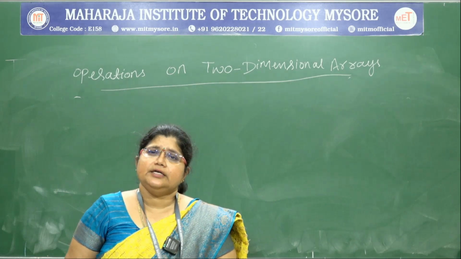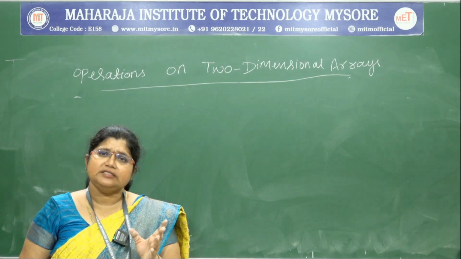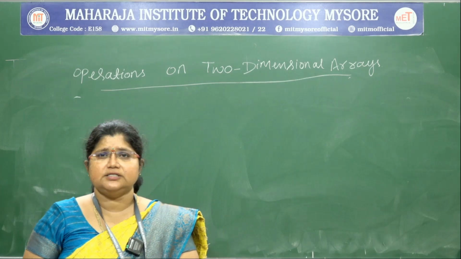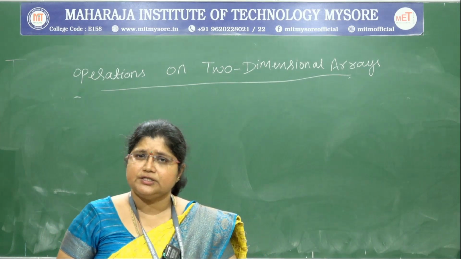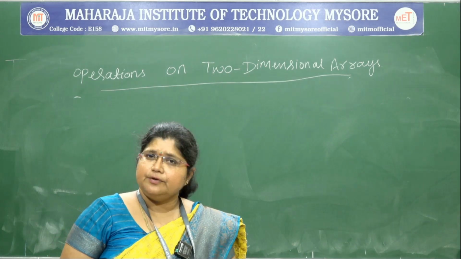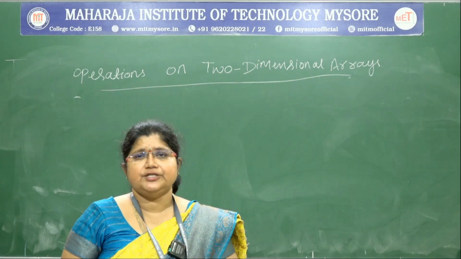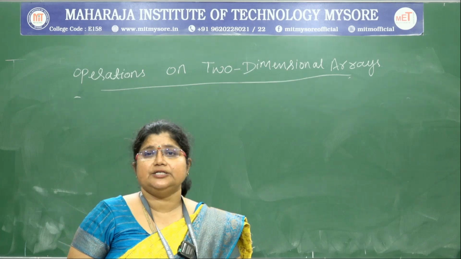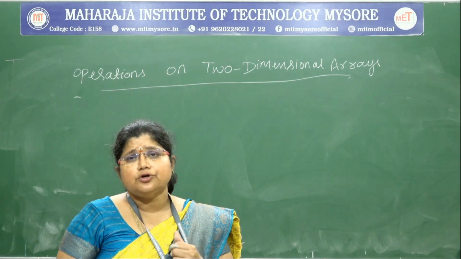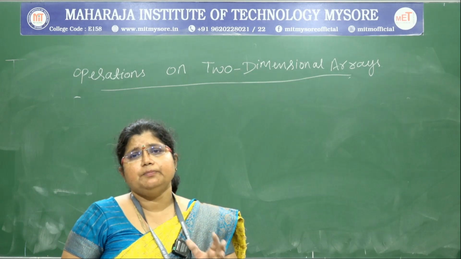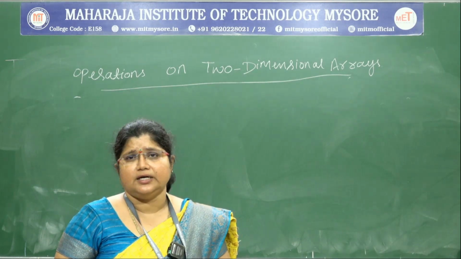In a matrix we perform mathematical operations like the transpose of a matrix, difference of matrices, sum of matrices, and matrix multiplication. Those operations can all be performed on the two-dimensional array.